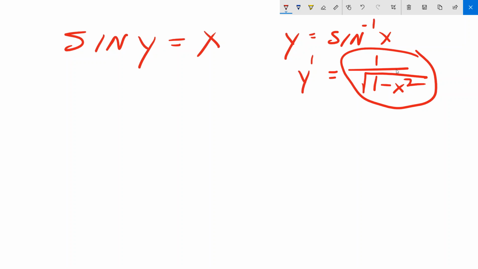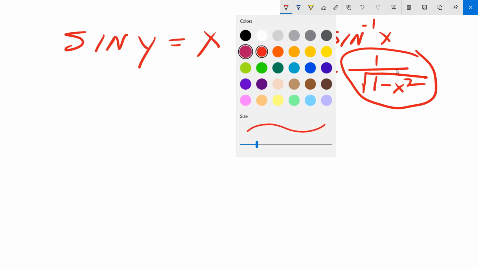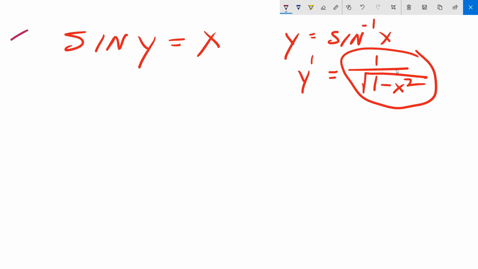You have to use this quite a bit in calculus if you're solving derivatives. Remember, you take derivatives of all kinds of functions: algebraic, exponential, trig, inverse trig, logarithmic. You can take derivatives of all of those types of functions. Okay, but let's do this one implicitly, starting with that.